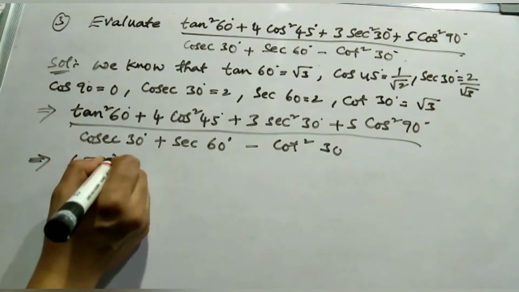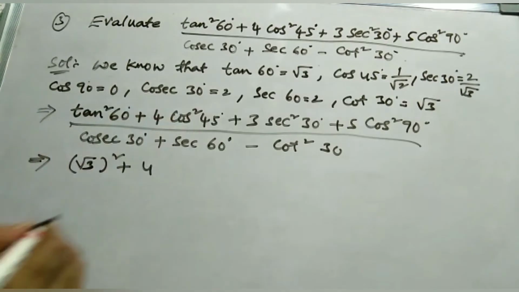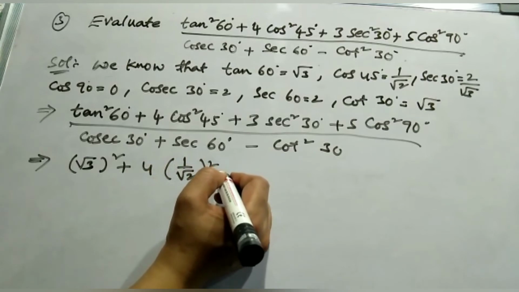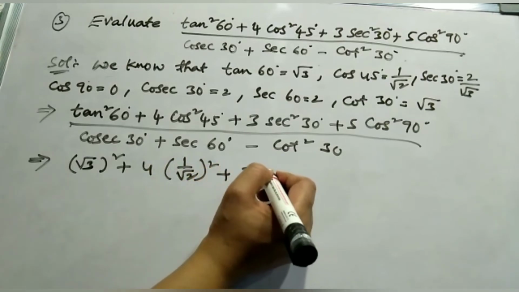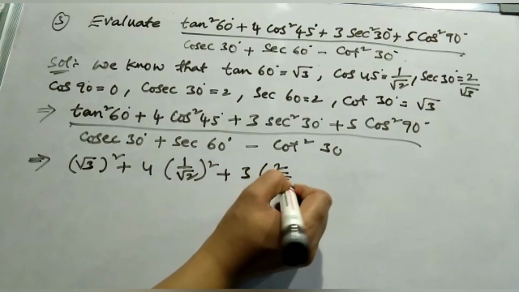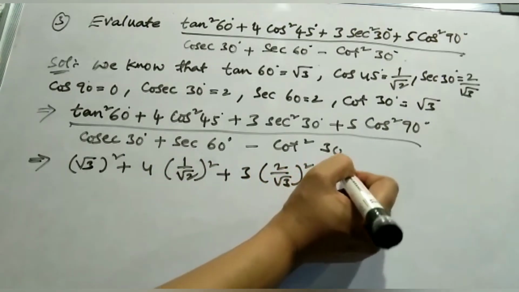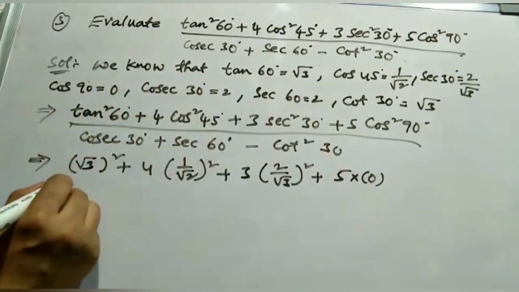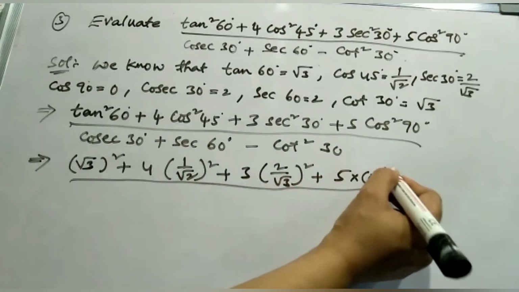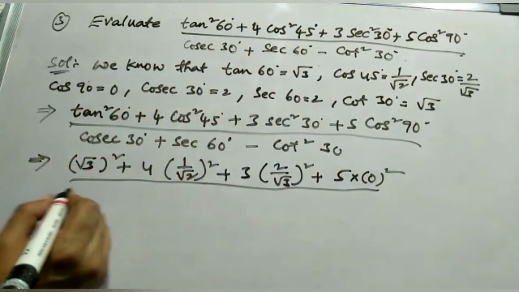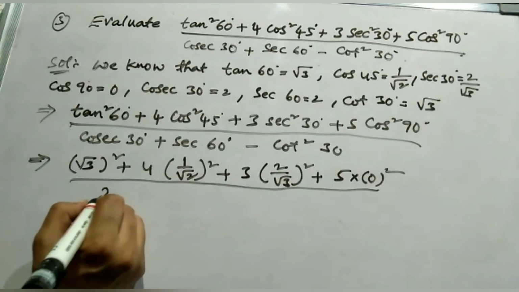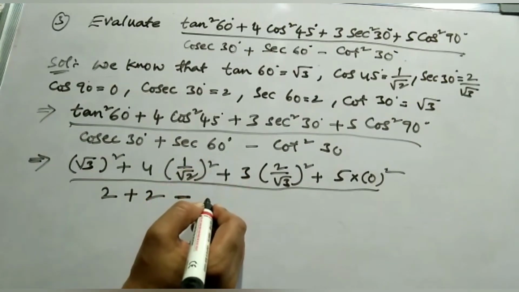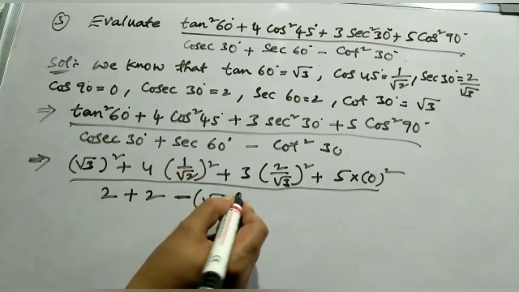Root 3 whole square plus 4 into cos 45 which is 1 by root 2 whole square plus 3 into sec 30 which is 2 by root 3 whole square plus 5 into 0 whole square, upon cosec 30 which is nothing but 2, plus sec 60 which is 2, minus cot 30 value is root 3 whole square.